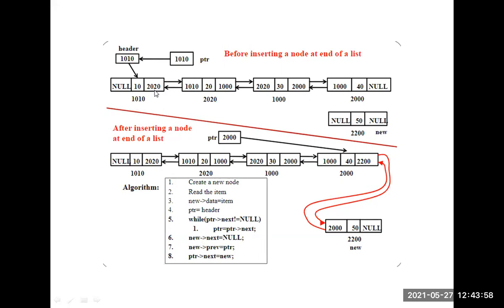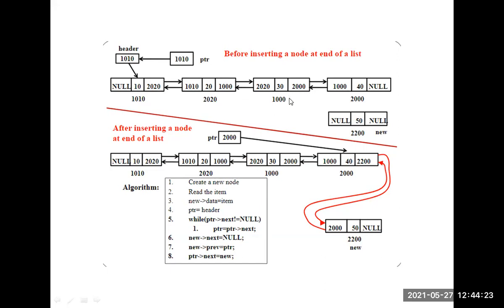We have two addresses here, either left address or right address, and you may consider previous or next. Anyone you can write here. If you want next, it means right link. If you are confused, just write PTR of next of right link.